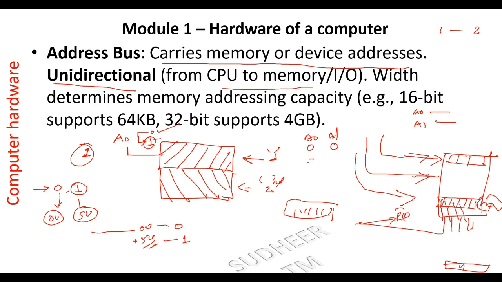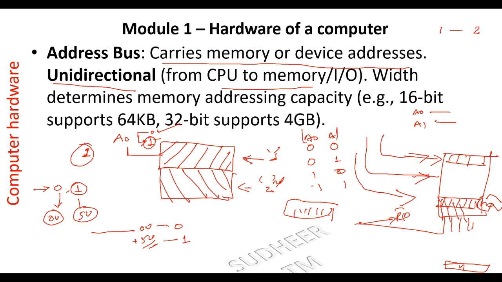Or A0 at binary 0 and A1 at binary 1. Or A0 at binary 1 and A1 at binary 0. Or A0 at binary 1 and A1 at binary 1.